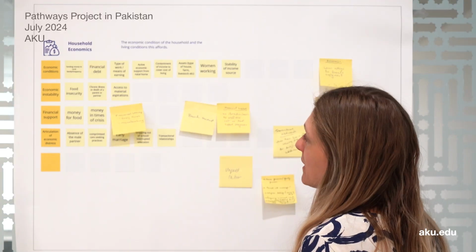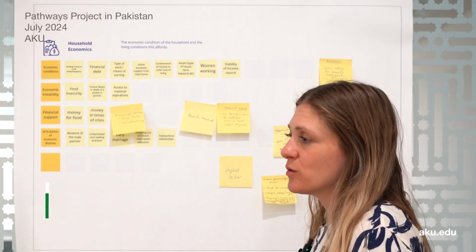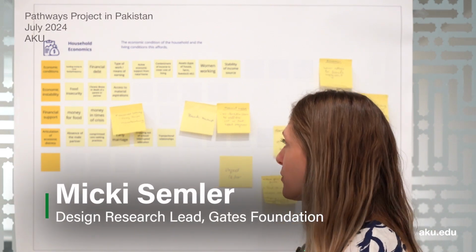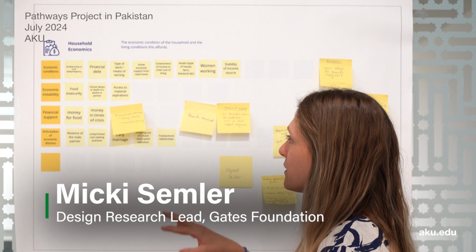This is one of the domains, as we call it, but the domains, of which there are 6, are actually part of the pathways framework. And what you see here are a bunch of different factors, and these are ultimately the elements that contribute to making a woman more vulnerable to negative health outcomes.